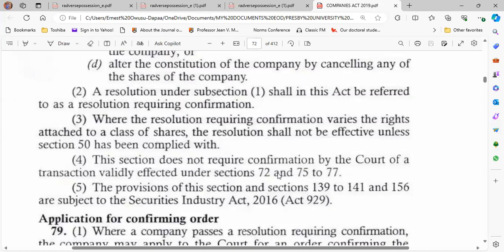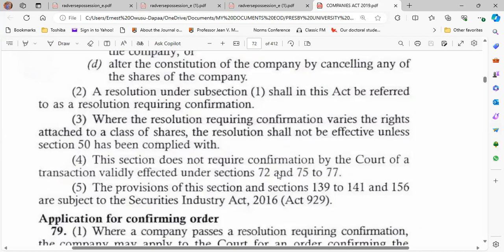Now, if you look at the Securities Industry Law, that is Act 929, we set up the Securities and Exchange Commission and also allow various mutual funds and all that to be run. There are special arrangements which those types of companies will have to observe. And mind you, Act 992 is a general company law framework, and it also recognizes that certain companies which are set up for special businesses, as we saw in the beginning last semester, may be subject to other regulatory requirements.